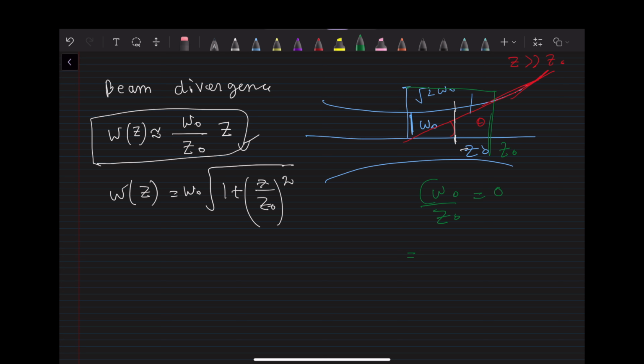And we can arrive, so this is the theta, and using this expression we can write theta as lambda by pi omega naught, so the divergence angle.